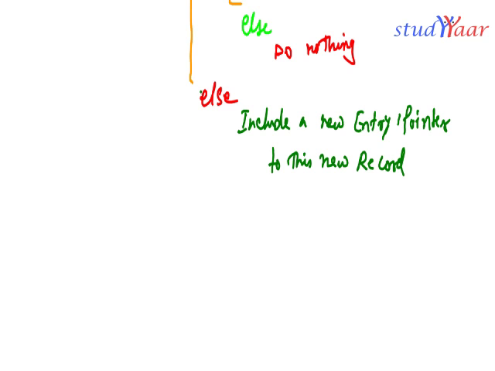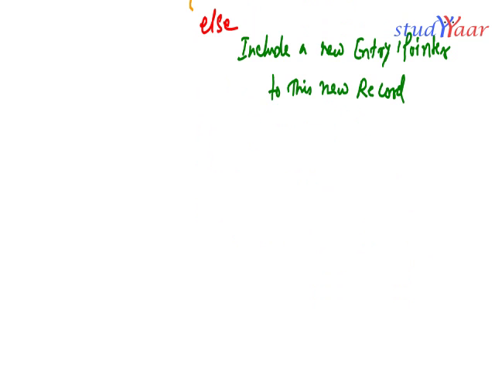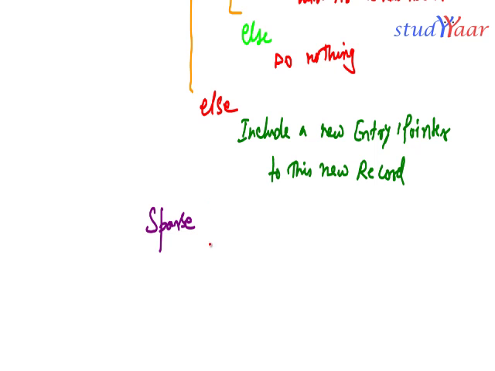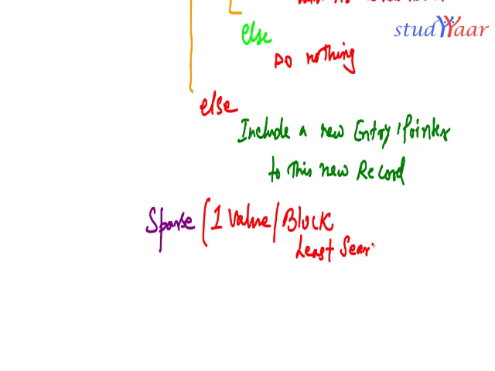And let's suppose this index was sparse. For a sparse index, we will just assume that the index stores just one value per block, and that value is the least search key value.